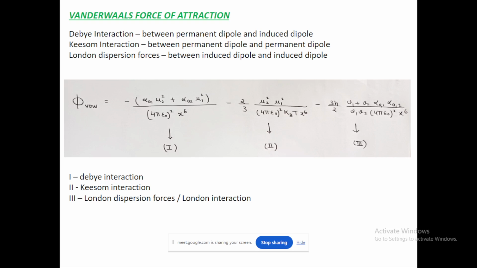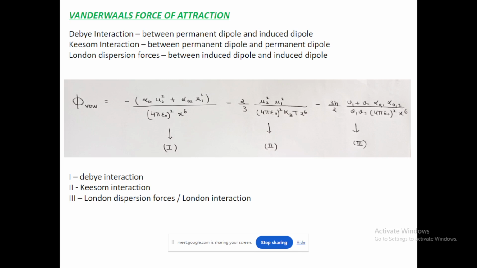between the two molecules. So if you bring the molecules very close to each other, then the van der Waals forces of attraction will be very high. But if you take them far away from each other, then the value of phi will decrease because they won't be able to interact with each other. After a certain distance, there will be no interactions between them.